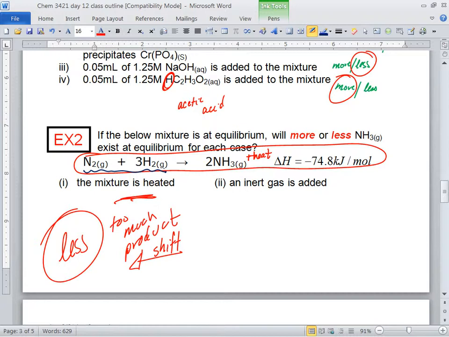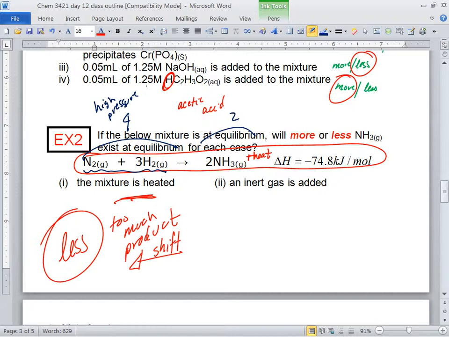So you've got a 1 and a 3, 4. You have 4 gas molecules on this side. And on this side, everybody, you have 2. So you have a high pressure side. That's how I look at it. So if the system wants to generate pressure, it's going to shift towards the high pressure side. If the system wants to reduce pressure and relieve it, it's going to shift towards the low pressure side.